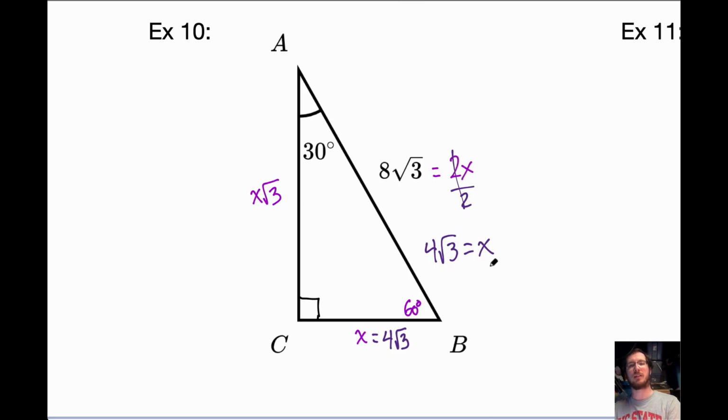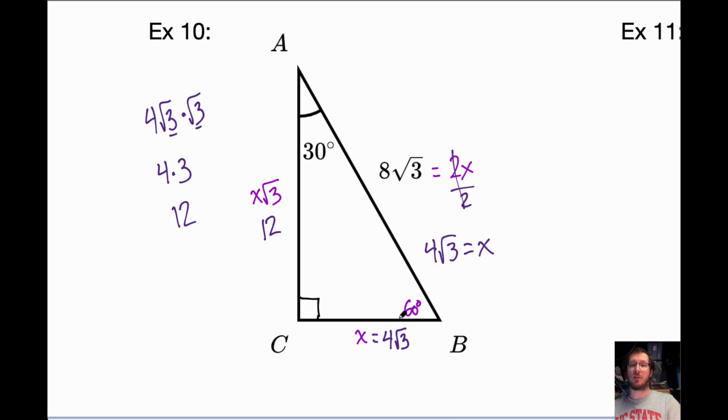We're just using that to solve for x. So the short leg is 4 root 3. We want to multiply that by root 3 to get our long leg. So 4 root 3 times root 3. Any radical times itself is the radicand, that number underneath. So this is going to be 4 times 3. Again, root 3 times root 3 is root 9. The square root of 9 is 3. 4 times 3 is 12. So 12 is our long leg.